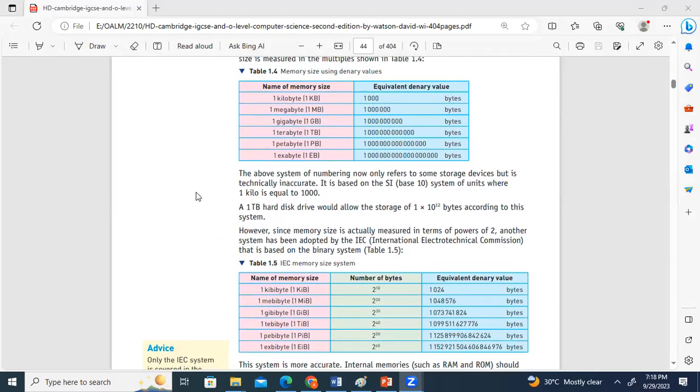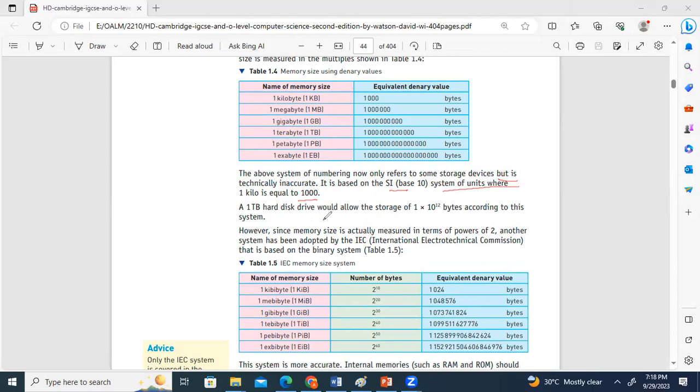Now moving to next. Here it says the above system of numbering now only refers to some storage devices, but it is technically inaccurate. It is based on the SI base 10 system of units where 1 kilo is equal to 1000. Later on, they developed another standard.